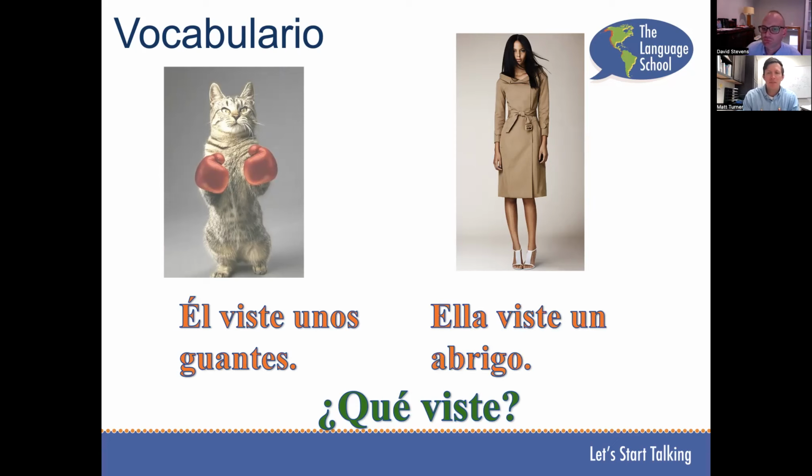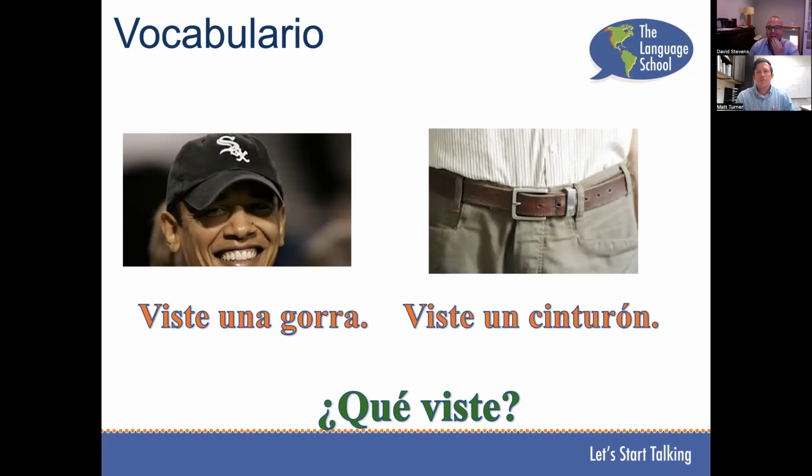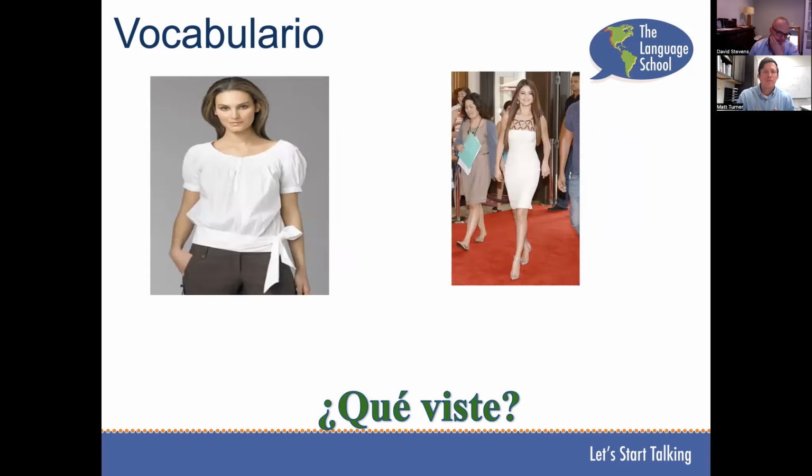Abrigo, okay. ¿Qué viste Obama? Obama viste una gorra. ¿Qué viste él? Él viste un cinturón. ¿Qué viste? Ella viste una blusa. ¿Y ella? Viste un vestido.